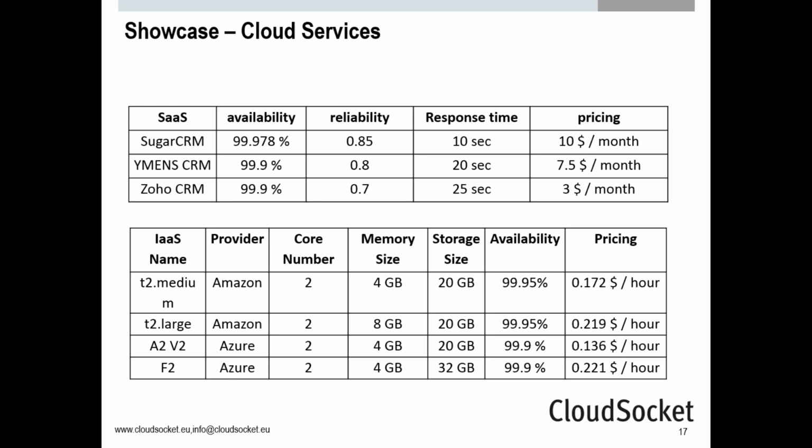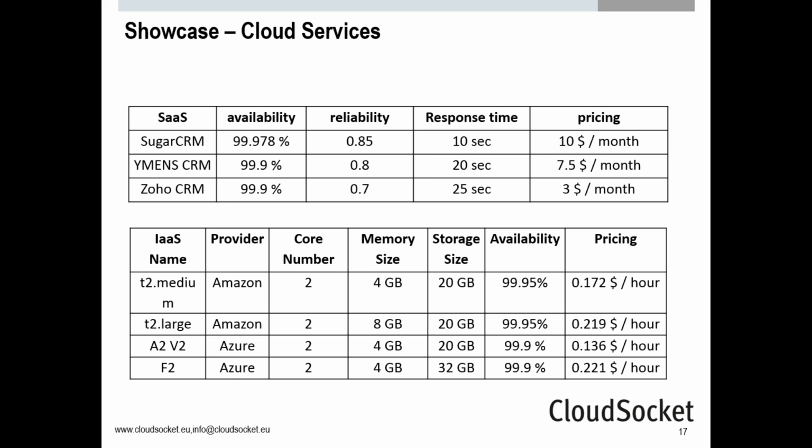And in the bottom table, you can see that there are 4 VM offerings from 2 cloud providers, which match the requirements of the broker concerning the Invoice Ninja software component. Each virtual machine of each provider has a mapping to a respective virtual machine of the other cloud provider. So the medium Amazon VM has a correspondence to the Azure one, and the large Amazon VM has the expected correspondence in Azure.